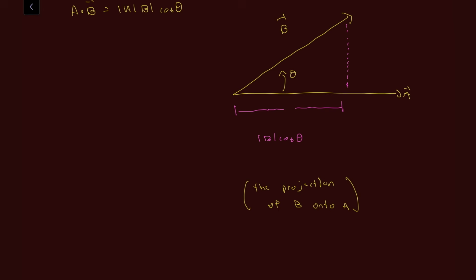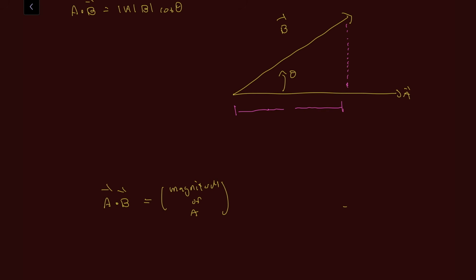And we like to call this the projection of B onto A. So when you think about it, the dot product A dot B is just the magnitude of A times the projection of B onto A. In essence, the dot product is just telling us how much of vector B is pointing in the direction of vector A. And that's the real magic of it. But believe it or not, we can actually take this a couple of levels deeper. And this next part is where things are going to get really interesting.